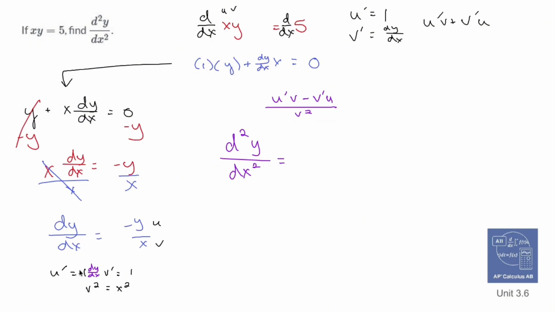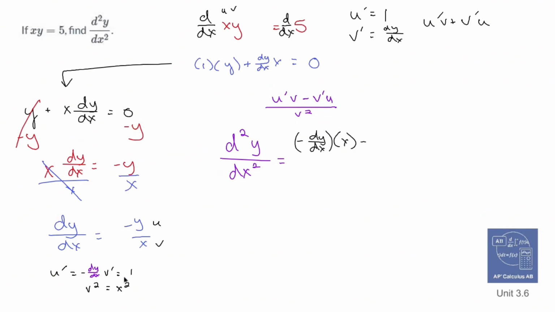Which means I don't need that 1. All right, let's clean this up. U prime is negative dy dx. V is x.